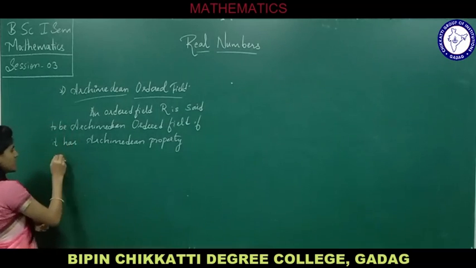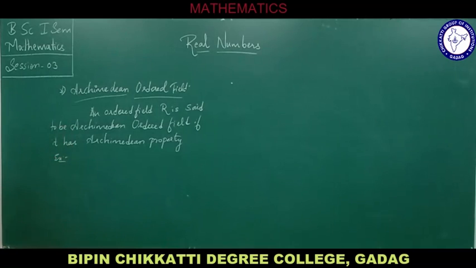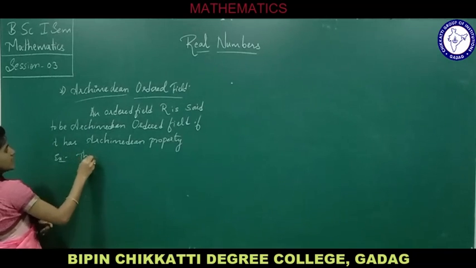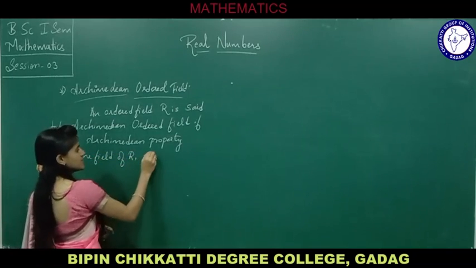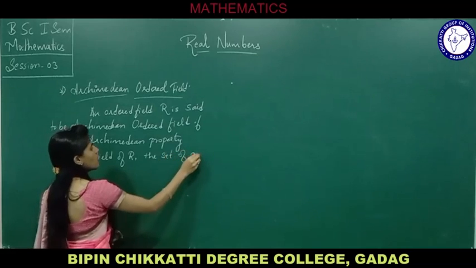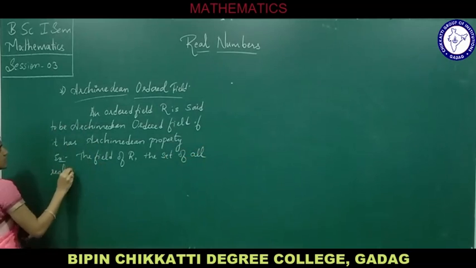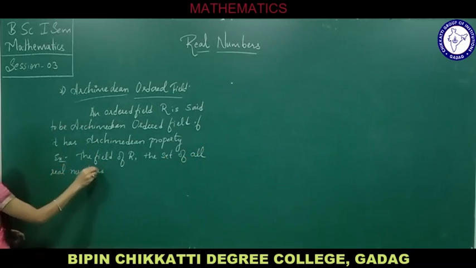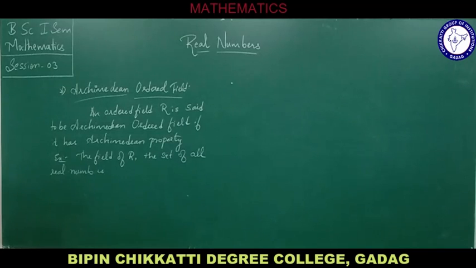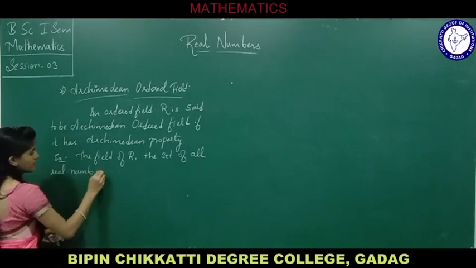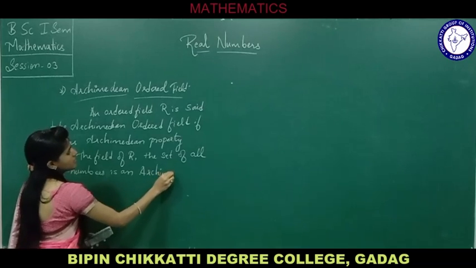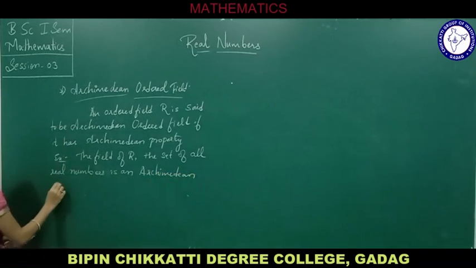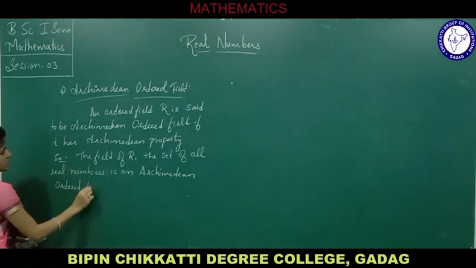Let us consider one example. The field R, the set of all real numbers, is an Archimedean ordered field.